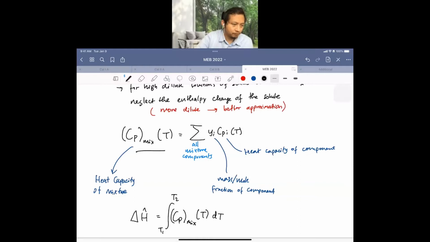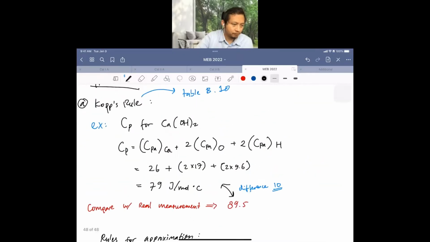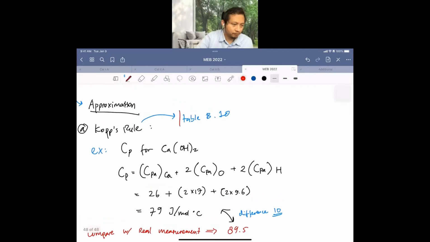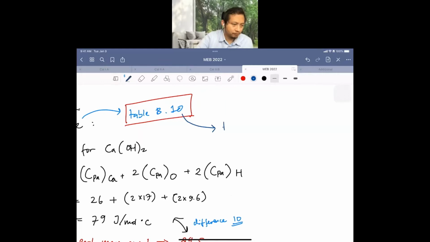Another important thing here, I believe, for Kopp's rule is table B10. So if you would like, we could also try to estimate Cp for calcium carbonate.